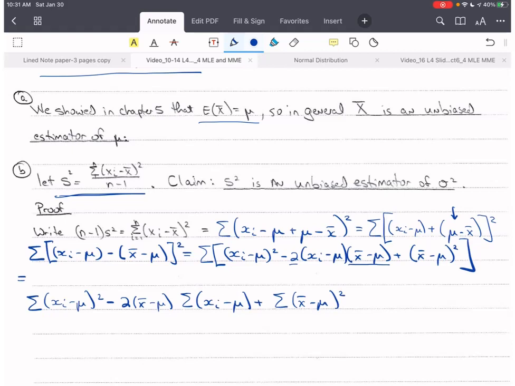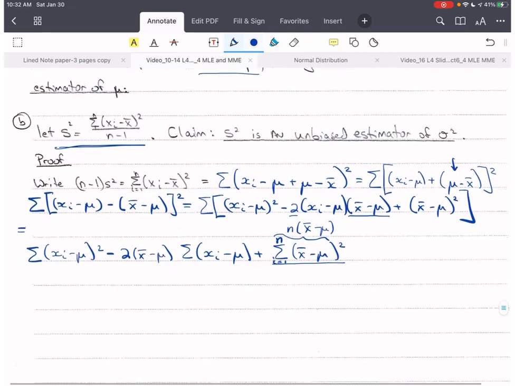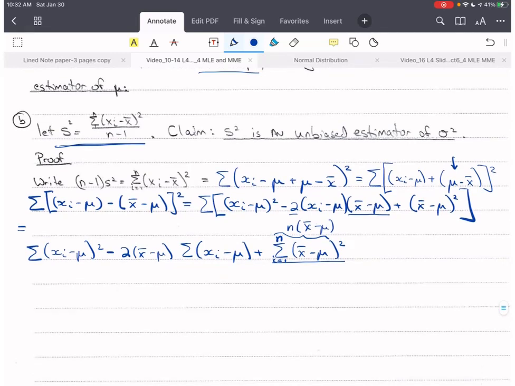So what we're going to do now is look at this term here. And we see that there are, again, no subscripts, so this is i equals 1 to n. So we're going to add this n times to itself. And so that's going to become n times x bar minus mu. That's what this quantity becomes. Okay, and we're going to distribute this summation across here.